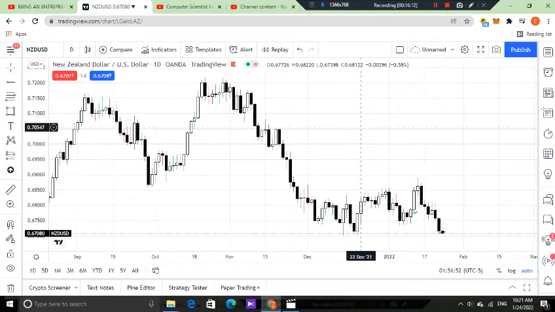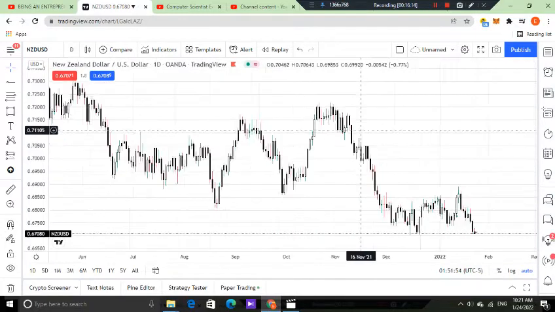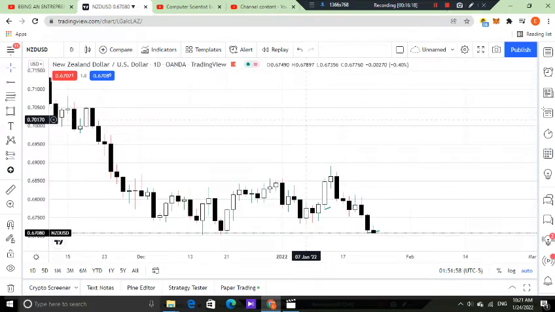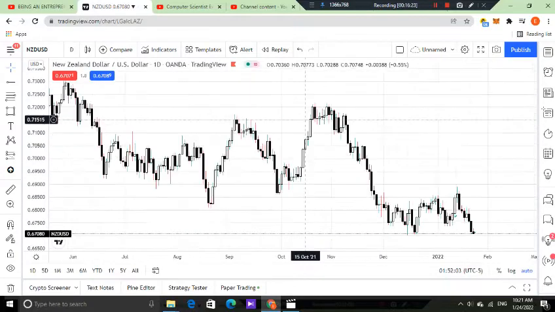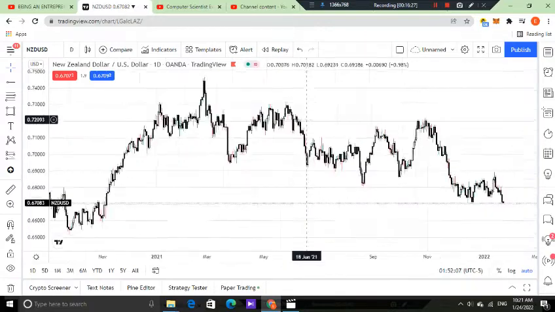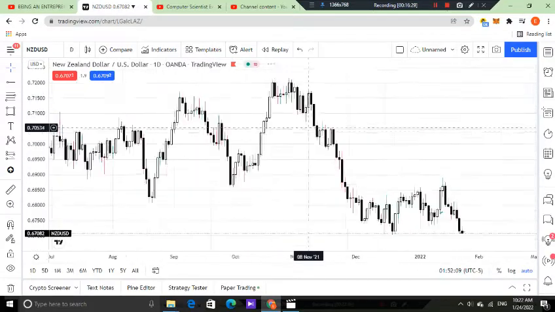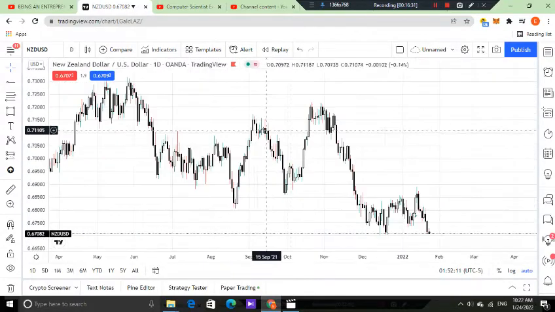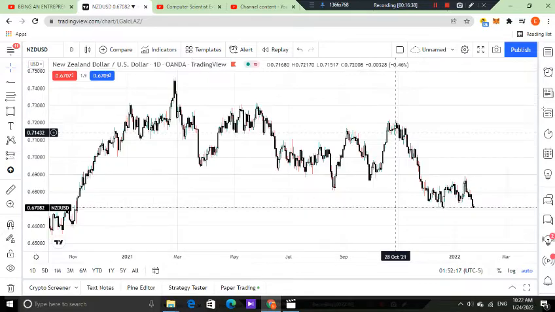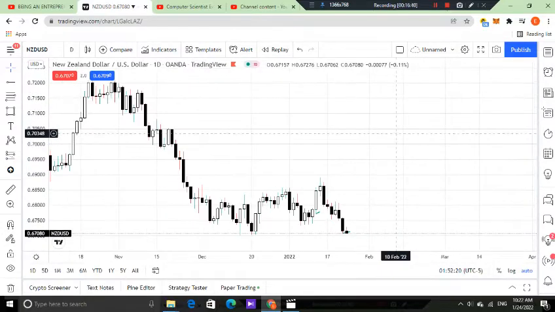I find a legitimate level in higher time frames, and I go on lower time frames, and I trade it and can make, I don't know, 10, 40, 50 pips profit easily.